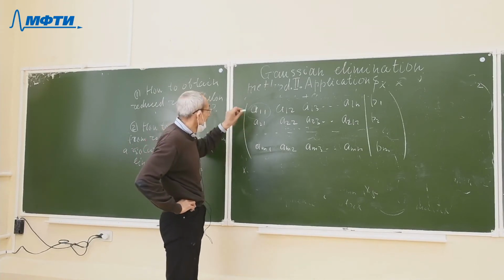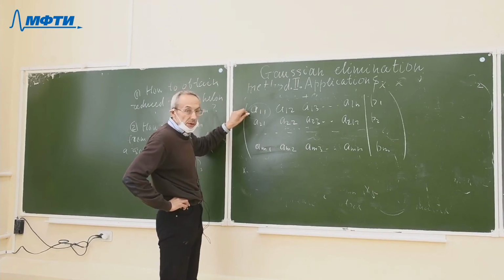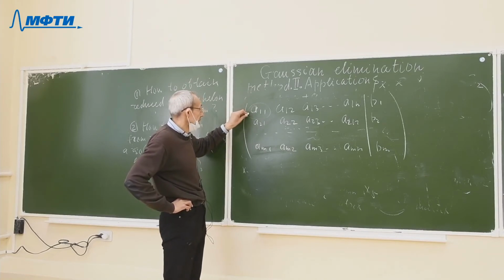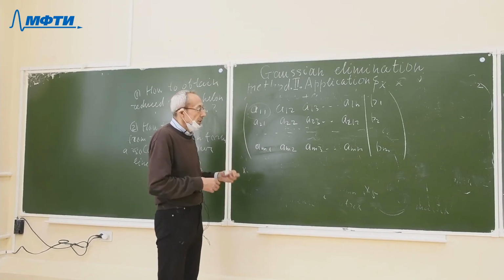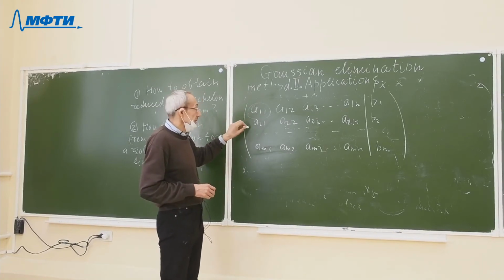The question: is this element zero or not? We can suppose that this element is not 0. If this element is equal to 0, we can exchange these rows with a row where the first element is not 0.